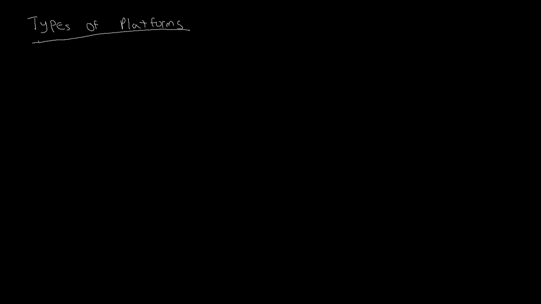So the first thing I want to talk about is the different types of platforms. We have a sensor, and we have to put the sensor on something in order to have it go collect information. We're really going to talk about three different types of platforms, and the way I find it best to categorize these is relative to how they relate to the surface of the Earth.